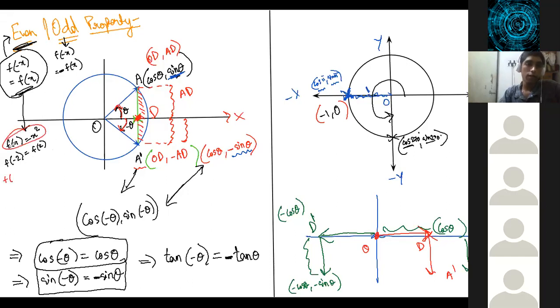But if you take f of x is equal to x, then what is f of minus 2? Minus 2. Now can I say minus 2 is nothing but minus of f of 2? Yes, sir. So that means this is an odd function. You guys get it?